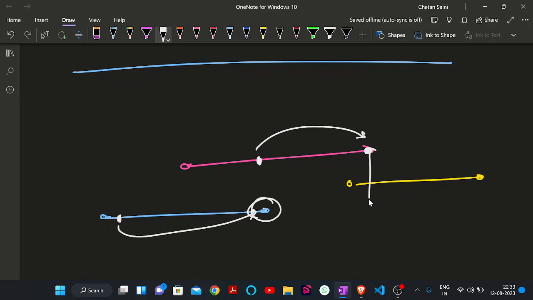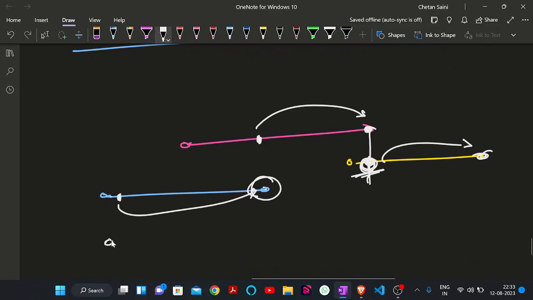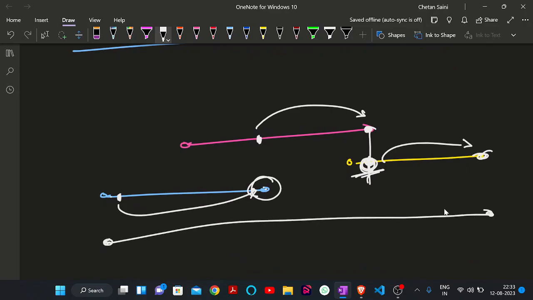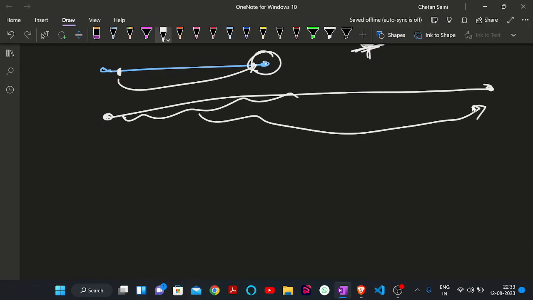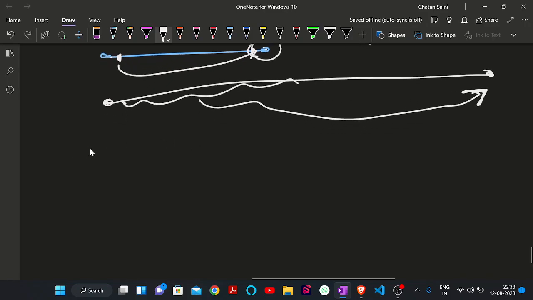And if you are here, that indirectly means you are also here, so you can come to this point. So the idea is simple: if there are any overlapping segments, then you can merge those segments, and you can teleport from any point here to this last point, right?